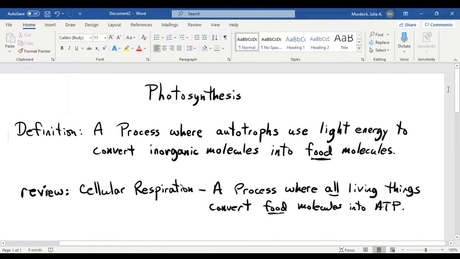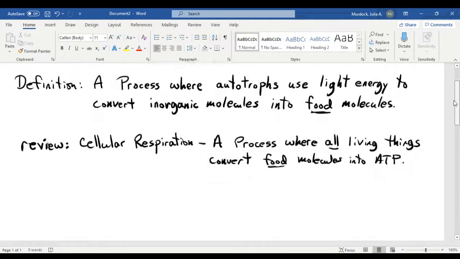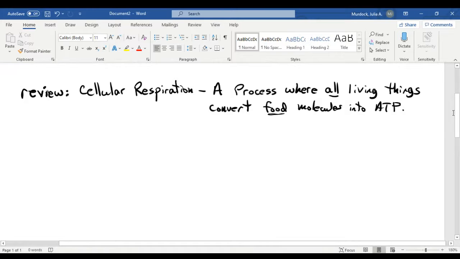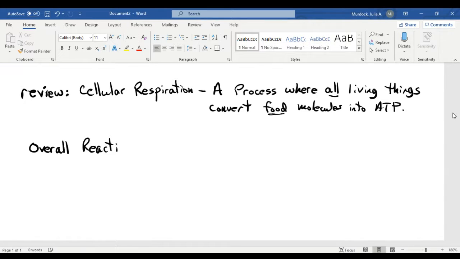So let's think about that in terms of overall chemical reactions for a minute, right? Let's look at overall reaction equations.